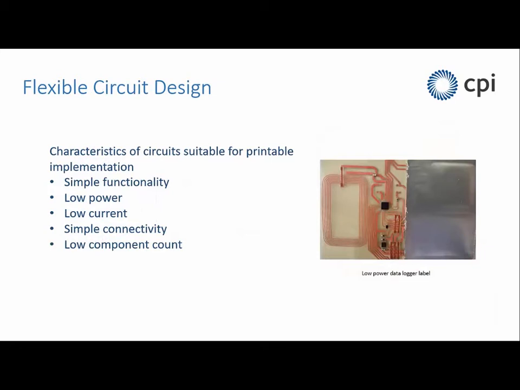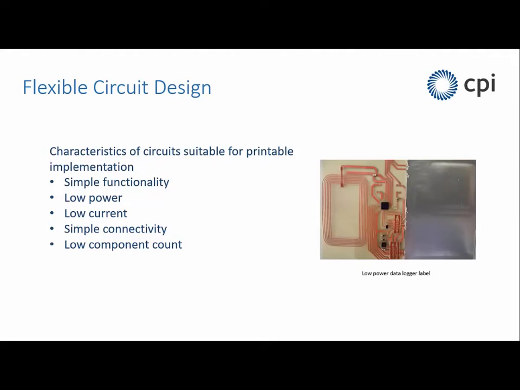One of the important characteristics to consider is what should we make into a printable circuit, and what should we say, no, that doesn't really fit printable, let's do that on conventional. These are the key characteristics, really, of circuits that are suitable for printable implementation.